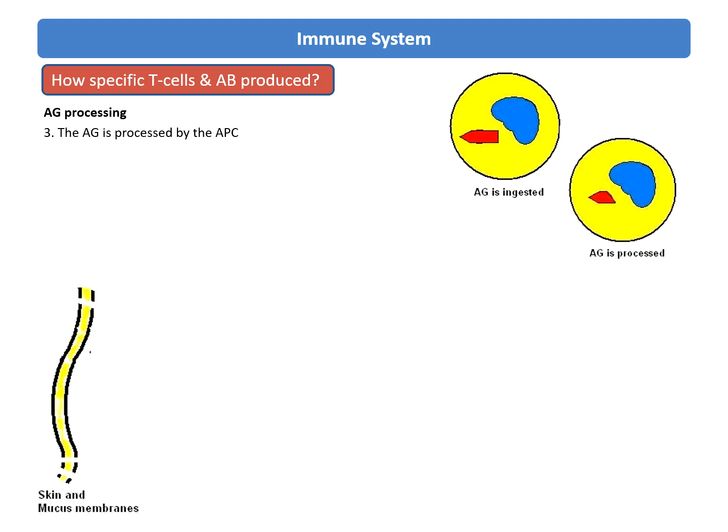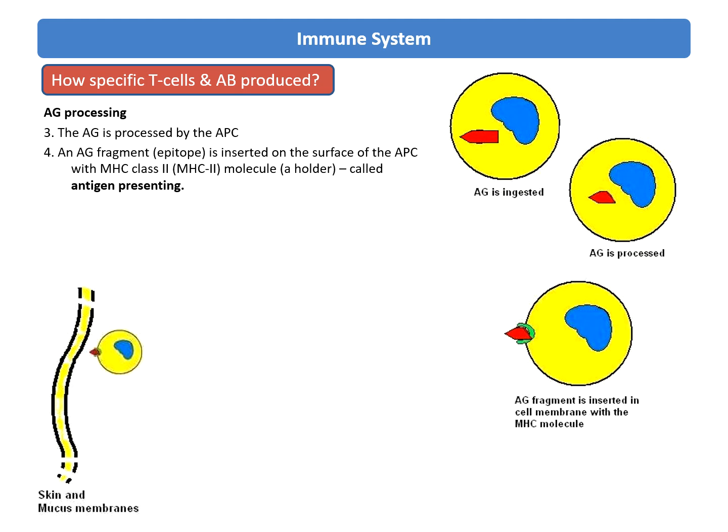Once ingested by the antigen-presenting cell, the antigen is processed. Now, this may be complex, but essentially it means it's cut in pieces. Then step 4, a fragment of the antigen, this is called an epitope, is inserted on the surface of the antigen-presenting cell.